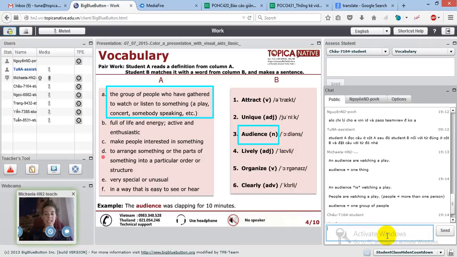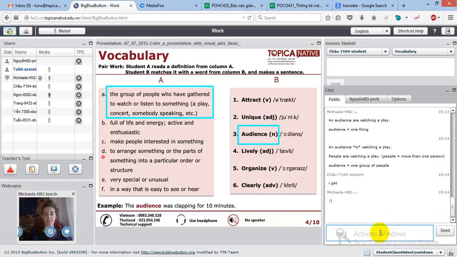Now, can you please read the words for us? Yes. Attract. Unique. Audience. Lively. Organize. Clearly. Great. Yes, be full of life and energy, active and enthusiastic. Okay, let's practice this last word.